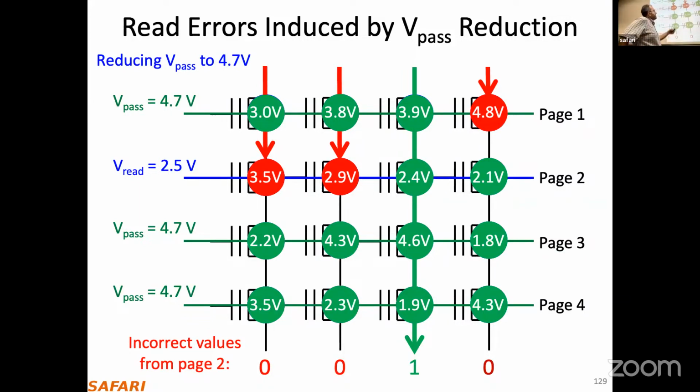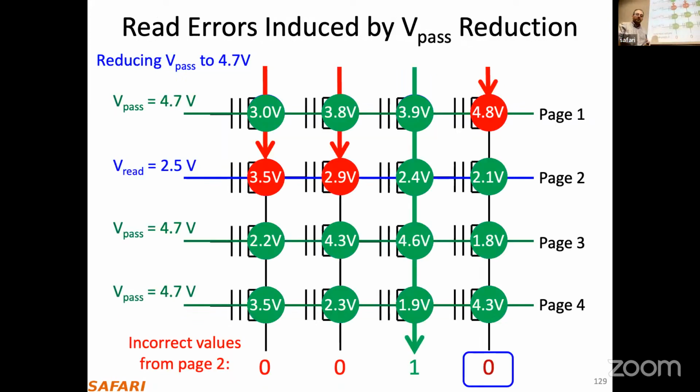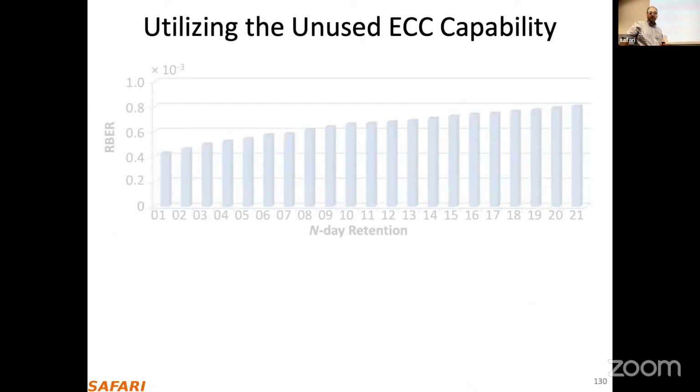Your current will not drain, and essentially you will read 0, which actually you should have read as 1, because the corresponding flash cell in page 2 has a lower threshold voltage compared to your reference voltage, but now you read 0, which is wrong. So you can see that we should be careful about that.